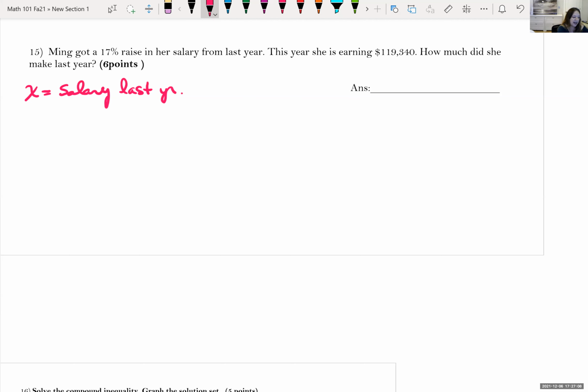And so we're going to look at the amount that she got, X, plus 17% of that. Remember, we put our percents in decimal form, so 0.17 of X. And we know that her new amount is 119,340.